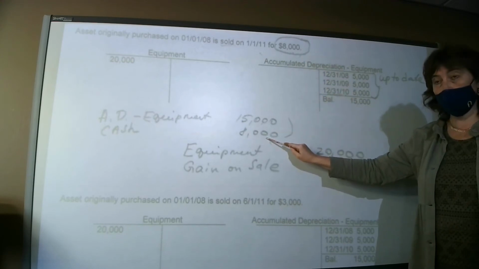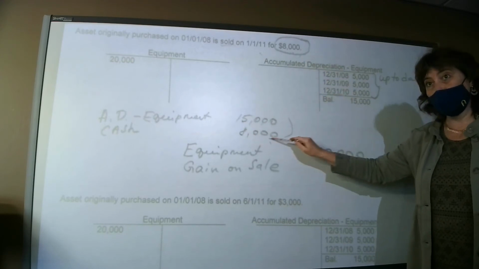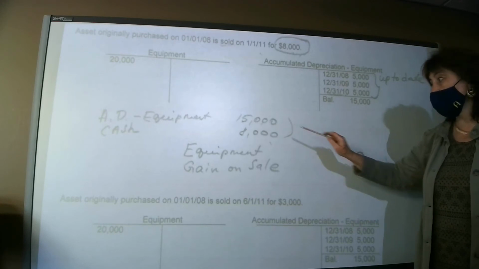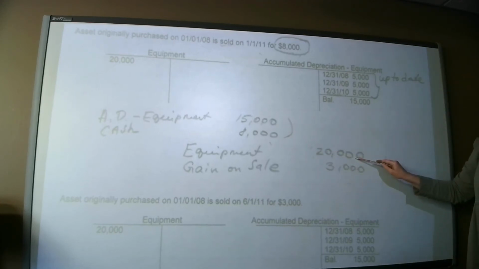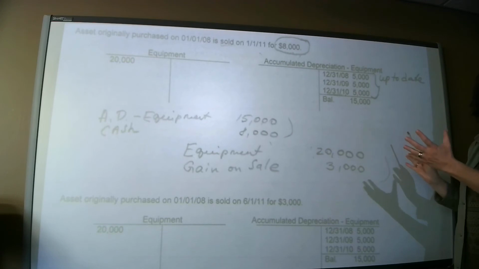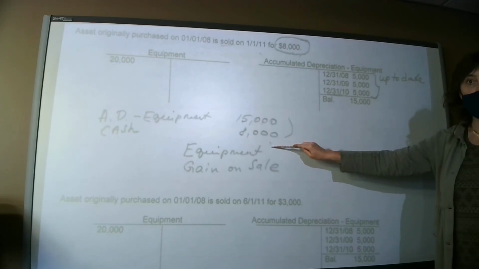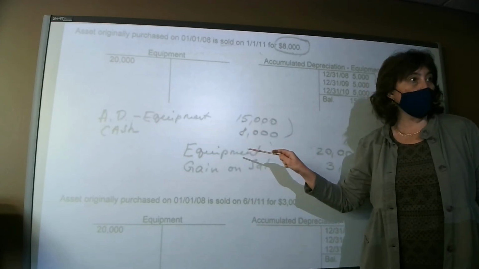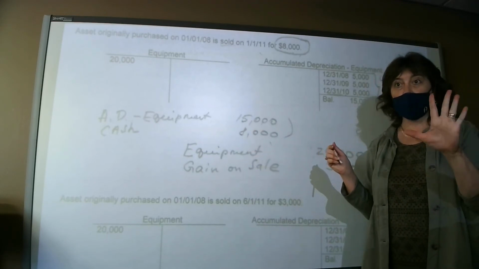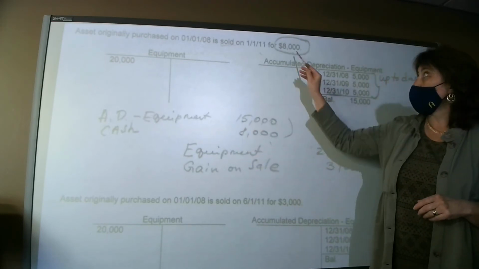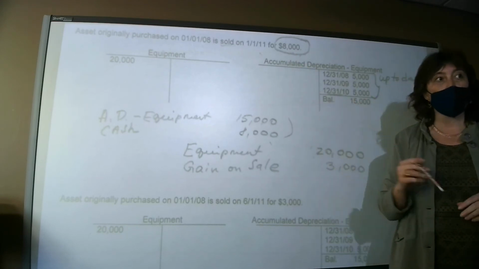So you have 17,000 on this side, and equipment is 20. We're off by 3,000, but on which side? You'll have to put it here, and it will be a debit, and it is a loss. So 5,000 book value minus 2,000 proceeds, you just lost $3,000.